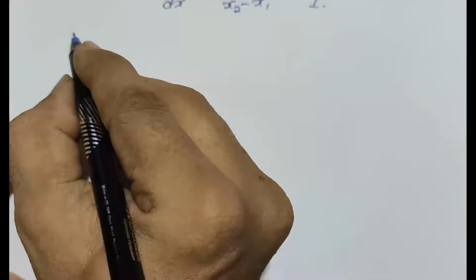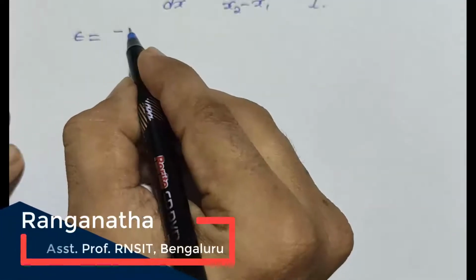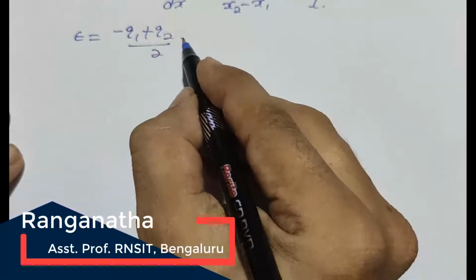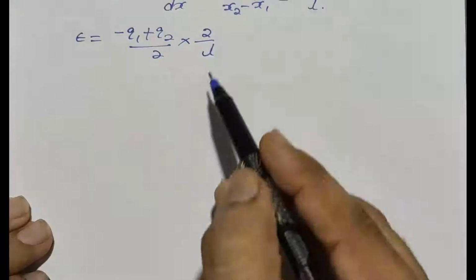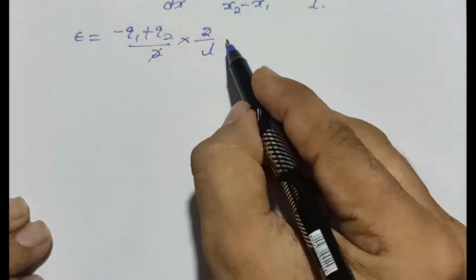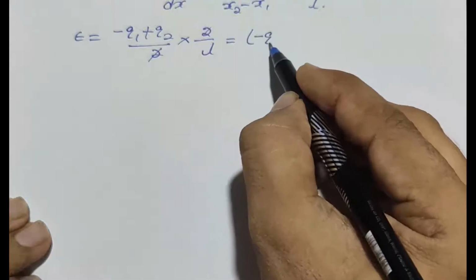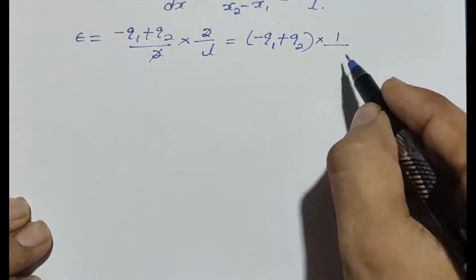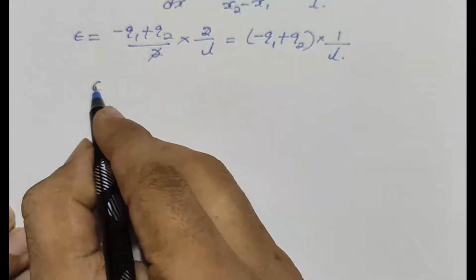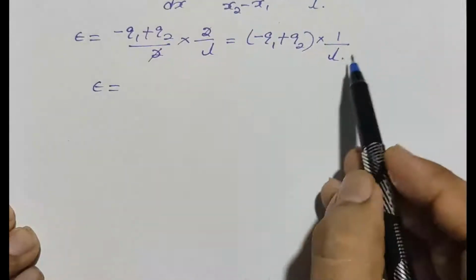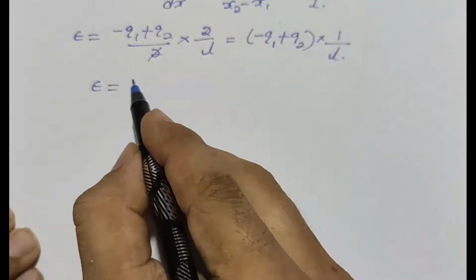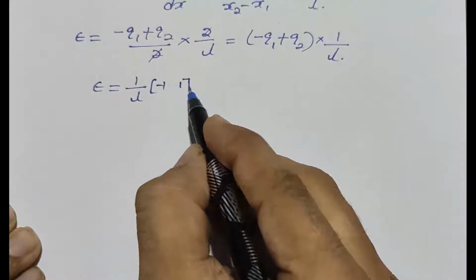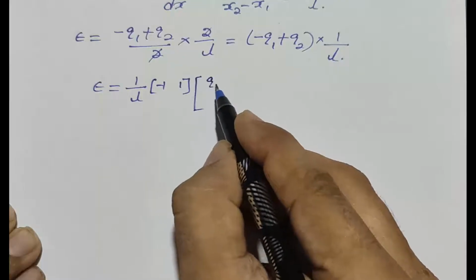So we will get epsilon is equal to minus q1 plus q2 by 2 into 2 by L. Here 2 gets cancelled, remaining is minus q1 plus q2 into 1 by L. This you can write in the form of matrix like this: 1 by L [minus 1 1] [q1 q2].